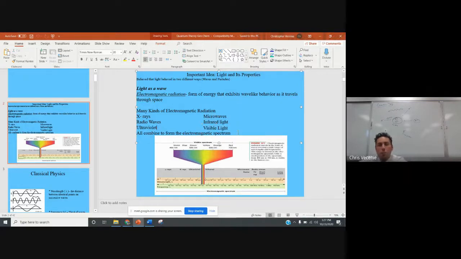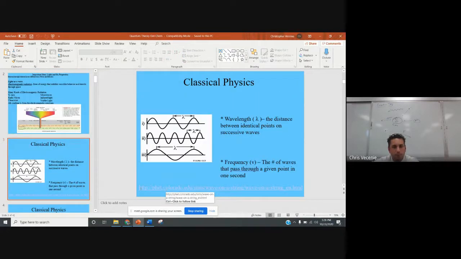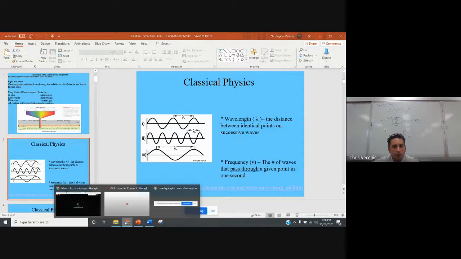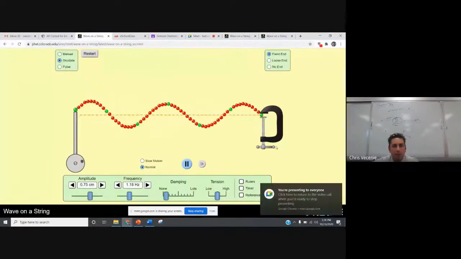And what makes one of these different than the other is what the wave looks like. So we know that there are some high energy waves and some low energy. And what we did was we jumped to a website that let us look at that.